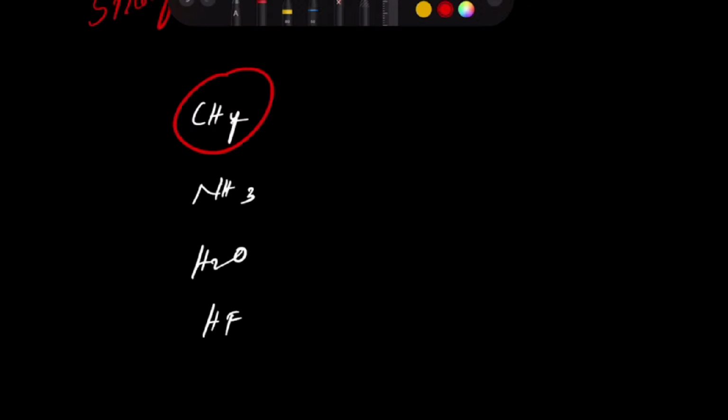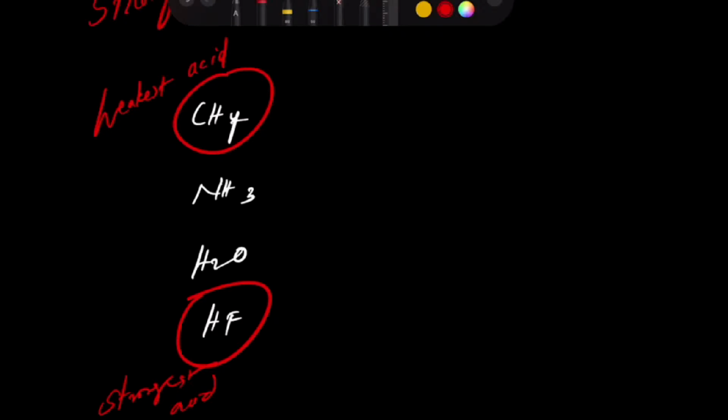Let me write down one more set here. CH4, NH3, H2O, and HF. Among these, this was the weakest acid, and this was the strongest acid. Let me write down the conjugate bases.